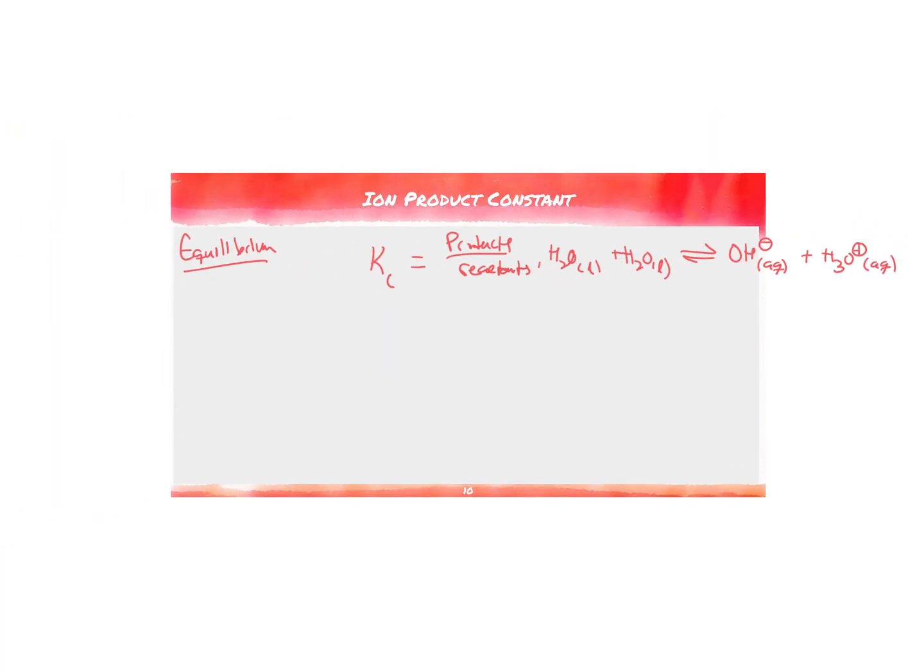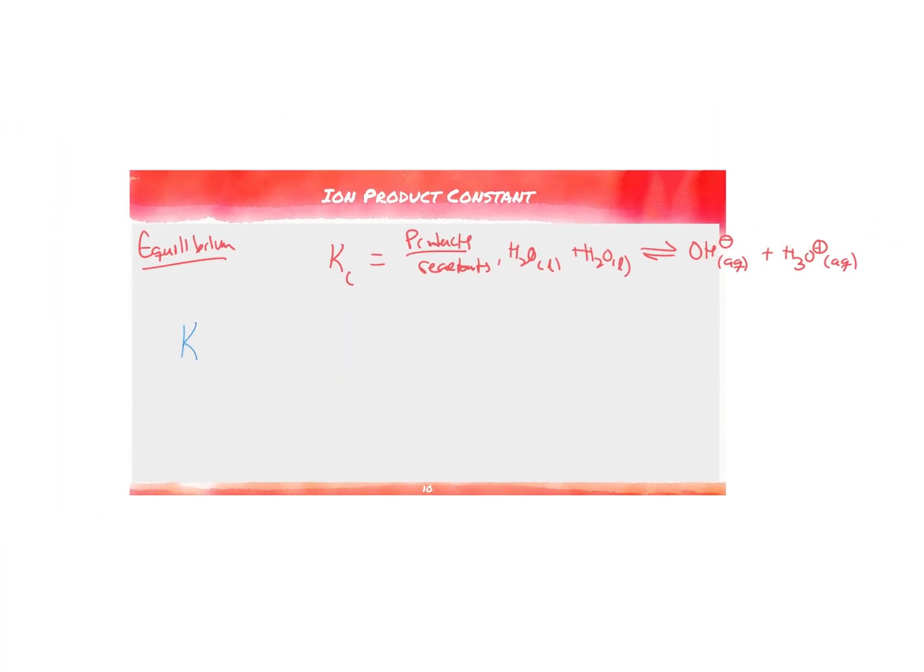If we want to write this in terms of our equilibrium constant, the liquids will not appear because only aqueous species appear. So it's products over reactants, and the equilibrium constant here is just the concentration of H3O+ times the concentration of OH-.